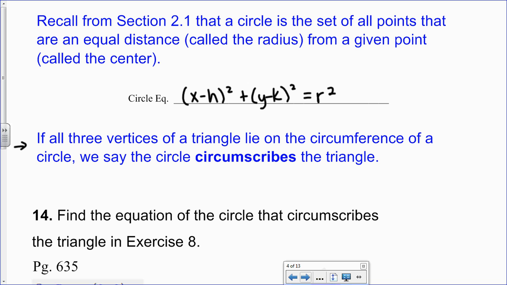That equal distance is called the radius, and our given point is called the center. So R is the radius. Remember, in your equation it's R squared, so you're squaring that radius. And the center is H and K. But when you write it in the equation, the minus H and minus K mean the opposite.